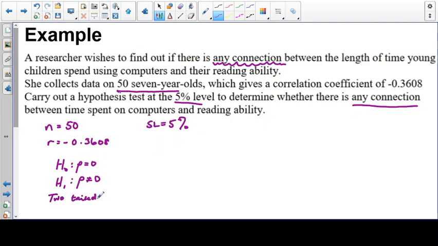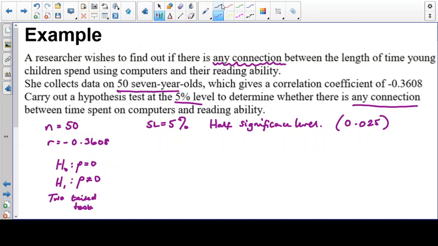Now there's two differences. That's the first difference. The second difference is when you look up your critical value, you have to halve the significance level. That's the only difference. Everything else is the same. So on your table, you're going to go down the column to 50, and then instead of looking at the 0.05, you're going to look at 0.025.